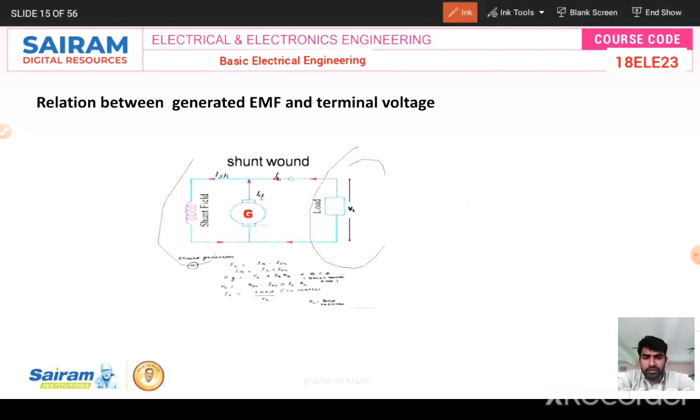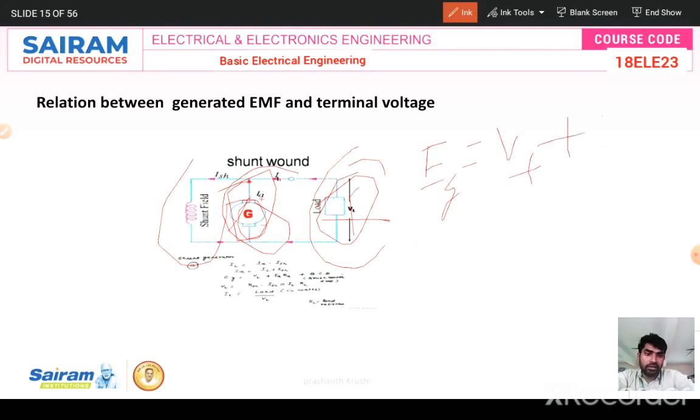This is the shunt field resistance and shunt field winding, and here there is an armature. The terminal voltage depends upon the generated EMF, E_G, and also on the drops and brushes. So E_G is equal to VT or VL plus IA RA.